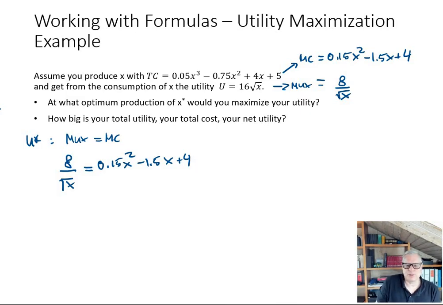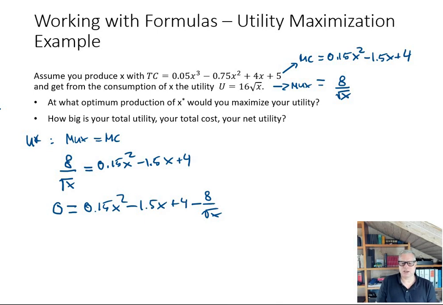That's very useful. So I want to solve for the x where both are the same. So I can rearrange this equation, and I can say I basically subtract 8 over the square root of x on both sides. And then I get 0.15 x squared minus 1.5 x plus 4 minus 8 over the square root of x.